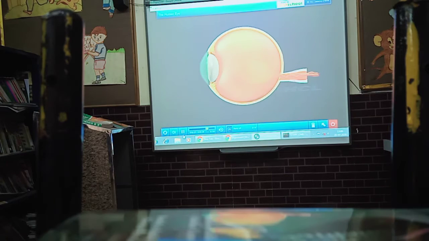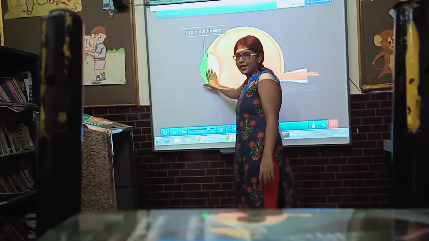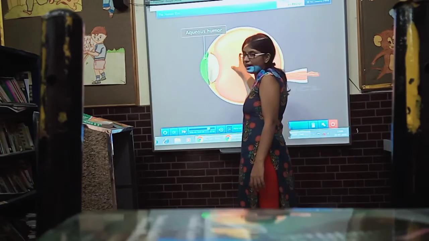Inside the eyeball are two fluid-filled substances separated by the lens. These are called aqueous humor and vitreous humor. The aqueous humor is the fluid between the cornea and the iris. See, what is aqueous humor? It is a fluid that is lying between cornea and iris. And here lies the vitreous humor.